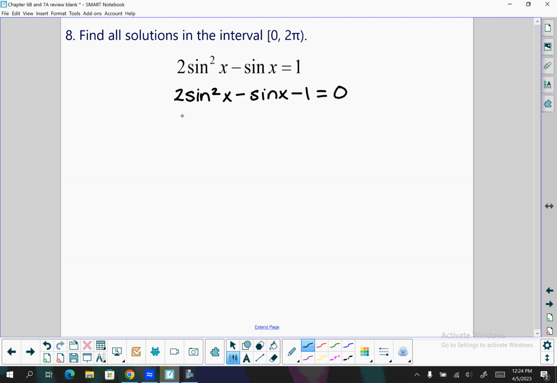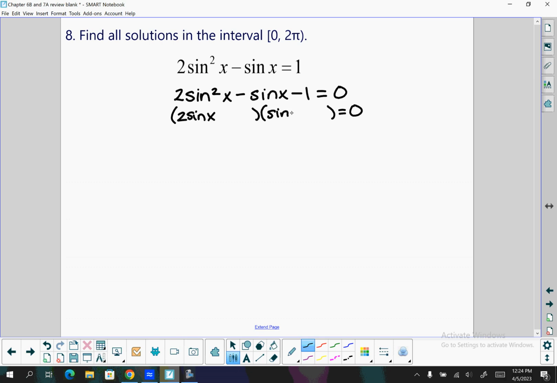And now we factor. Remember, if you get stuck on the factoring, you can use the quadratic formula. The quadratic formula will tell you what sine is equal to, but you'll still need to find the angles in your unit circle. All right, so what should go in the front of my parentheses? 2 sine and what's going to go in front of the other parentheses?